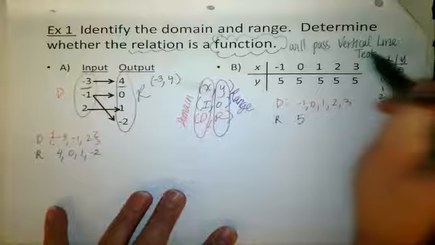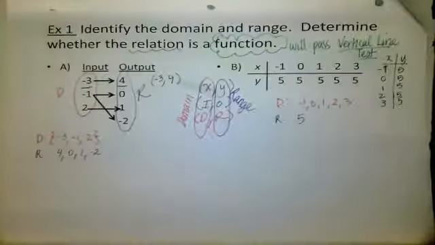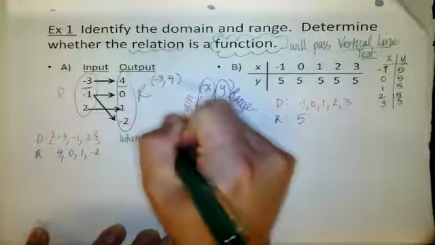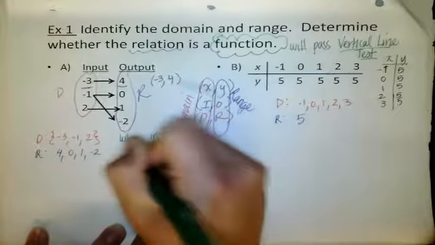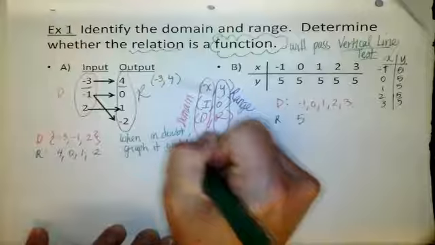A function will pass the vertical line test. The easiest way to figure out if our relation is a function is to graph it out. So my favorite saying in this class is, when in doubt, graph it out.